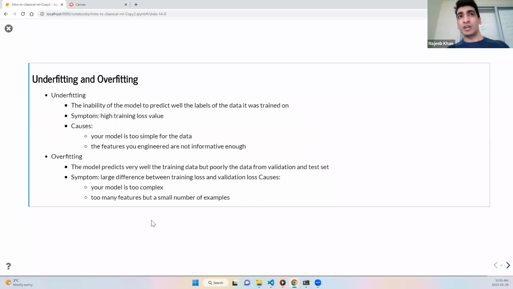The model predicts the training data very well, but performs poorly on the validation and test set. And so the way you identify this is if you have really low loss on the training set, but very high loss on the validation set. And this could be fixed by reducing the complexity of the model. So maybe your problem requires a linear regression, but you are using a neural network.